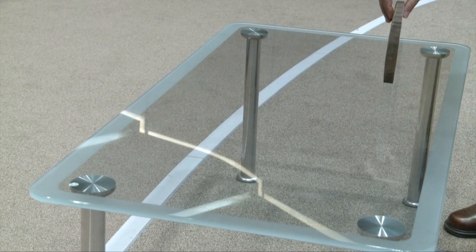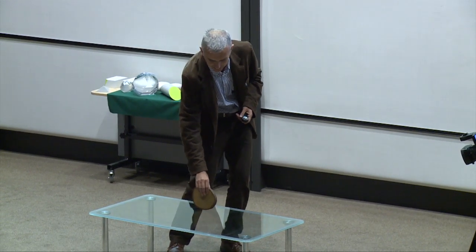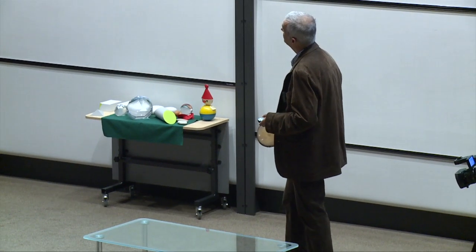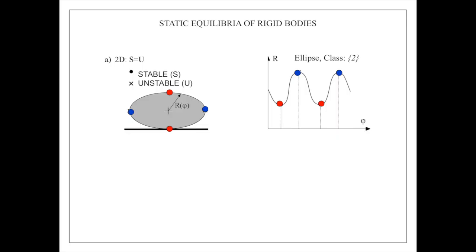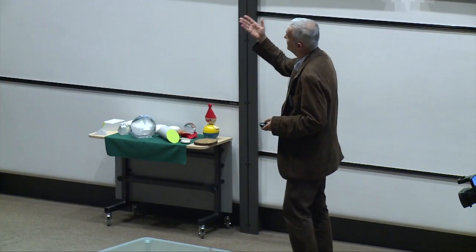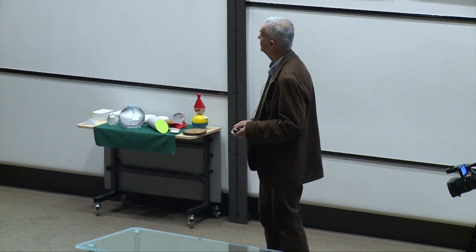And there are other positions where I can balance it like a pencil on its tip. These are the stable points, and these are the unstable points. In a mathematical language, we can say that we describe this shape as a distance from its center of mass, and the maxima correspond to unstable points and the minima to stable points. So in this way, we assign some numbers to this shape.